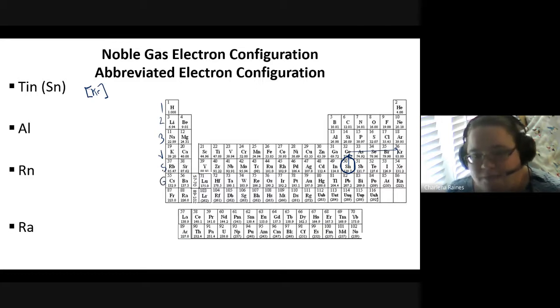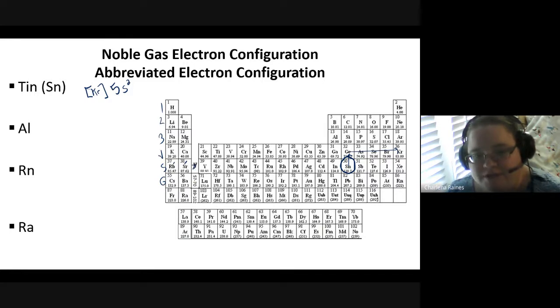I then pick up with electron number 37. Element number 37 tells me where electron number 37 lives. It lives in the 5th period S block, and I can see that there are 2 of them here, so it's 5s2.